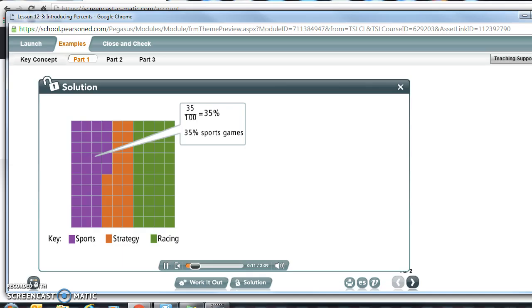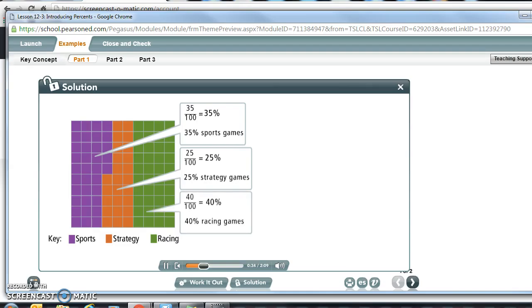This means that 35% of the games sold were sports games. 25 of the squares are shaded orange. 25 out of 100 equals 25%. So 25% of the games sold were strategy games. 40 of the squares are shaded green. 40 out of 100 equals 40%. So 40% of the games sold were racing games.